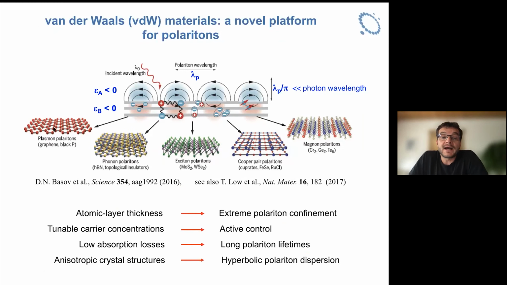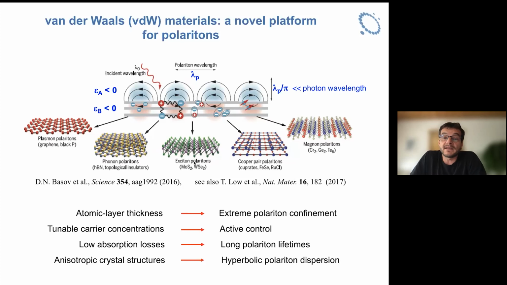Now, if light couples to electrons in doped graphene, then we talk about plasmon polaritons. So I talked about them. But we can also have optical phonons in insulators, such as, for example, hexagonal boron nitride. I will show this in a second. We can have negative permittivity too, and then we talk about phonon polaritons. That's the topic of my talk.